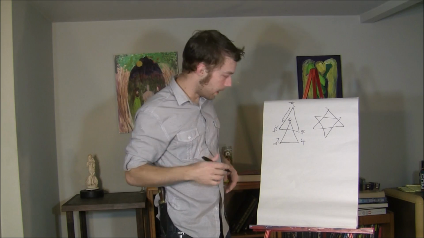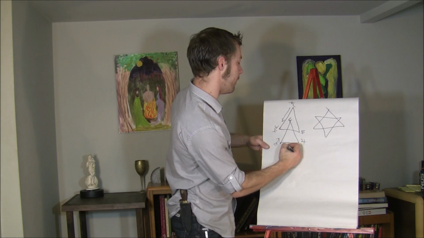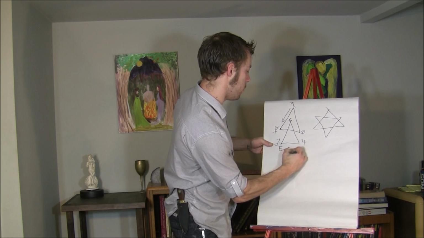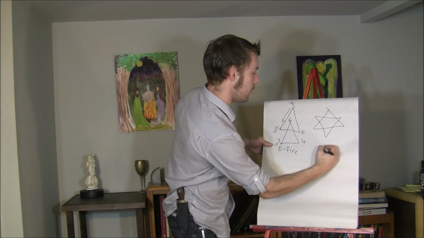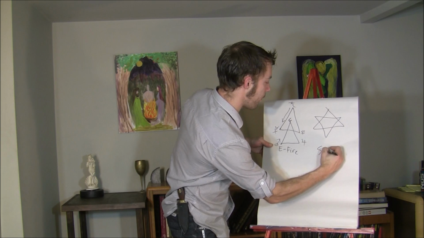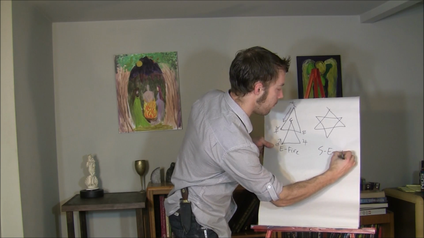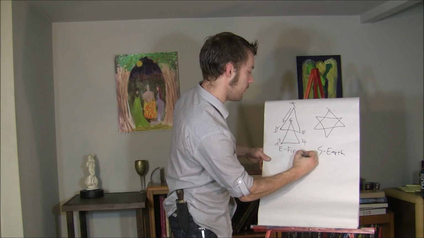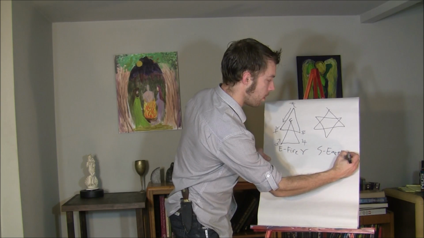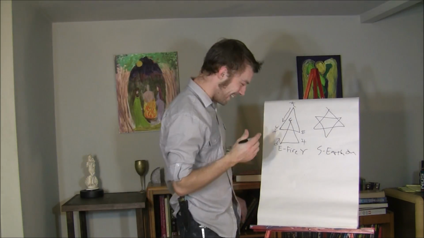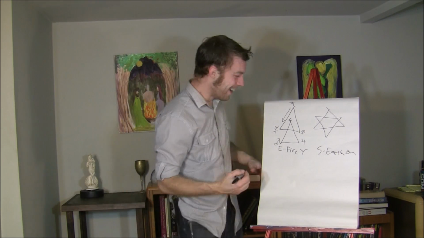I'm garbling this, I know. Alright, so we have east with fire. We have south with earth. And that's Aries. That's Capricorn. What the hell is the sign for Capricorn? The squiggly thing.